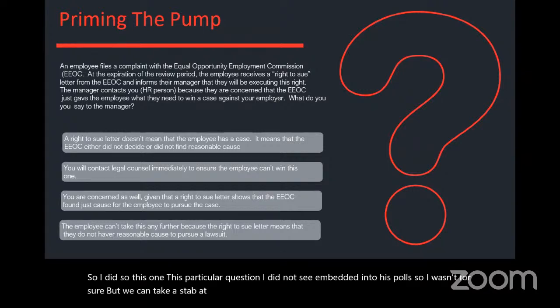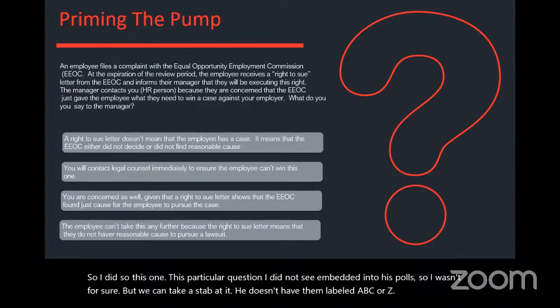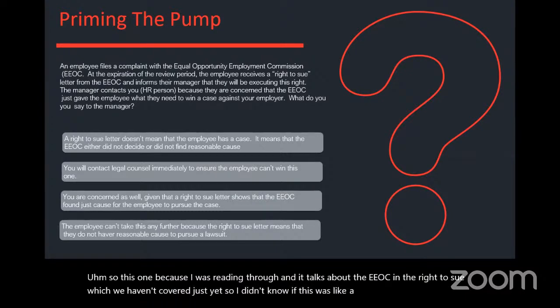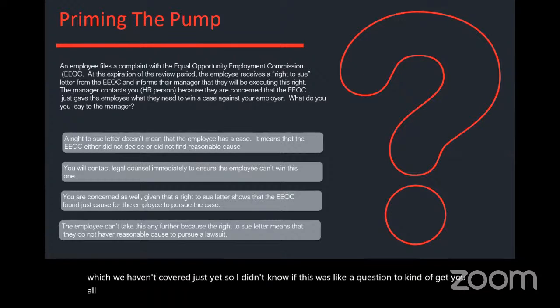He doesn't have them labeled A, B, C, or D. So this one, because I was reading through it and it talks about the EEOC and the right to sue, which we haven't covered just yet, I didn't know if this was a question to get you all thinking about what the answer might be. And then we get into the section and discover what the answer should be.